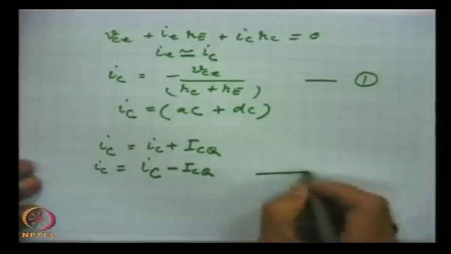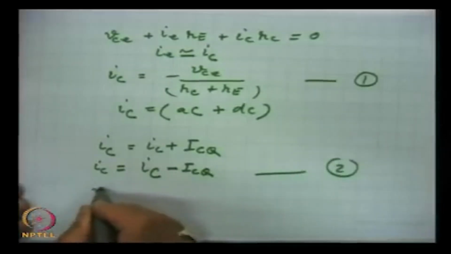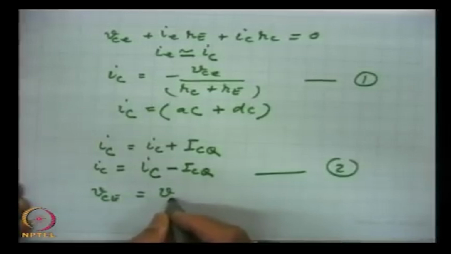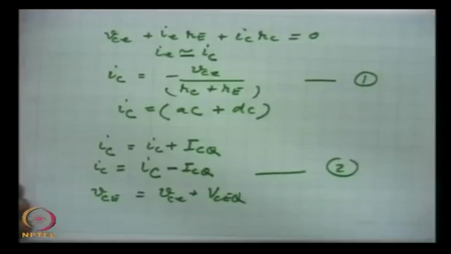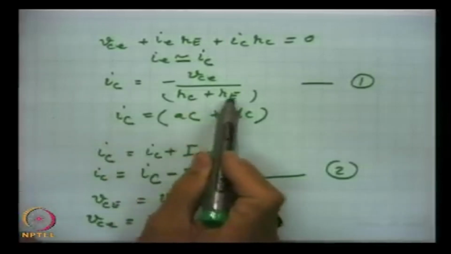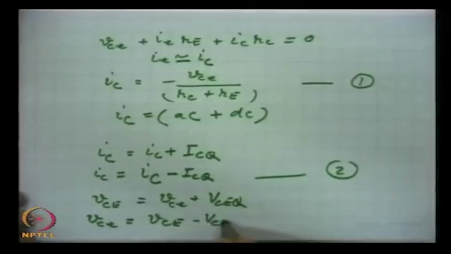This is equation 2. Similarly, we can write the voltage VCE as the AC part plus the DC part at the Q point, and from here vce is VCE minus VCEQ. These small letters we are using for AC components everywhere, and the larger ones are for DC.